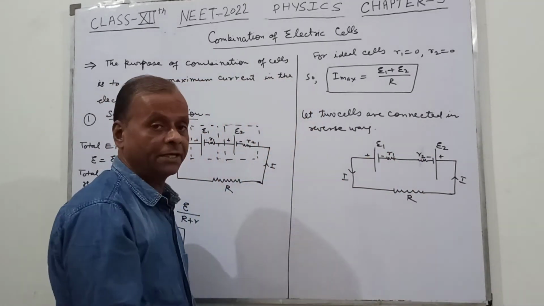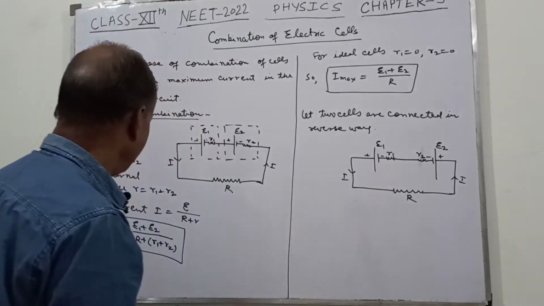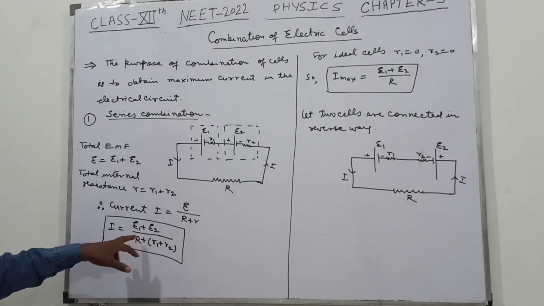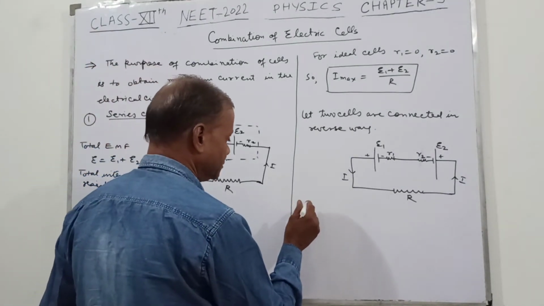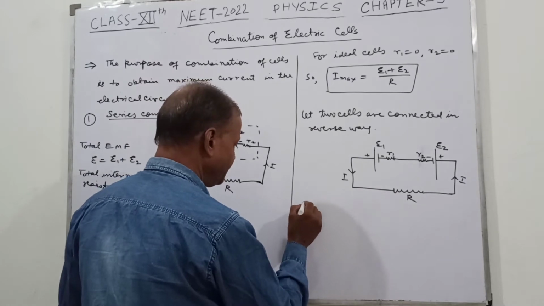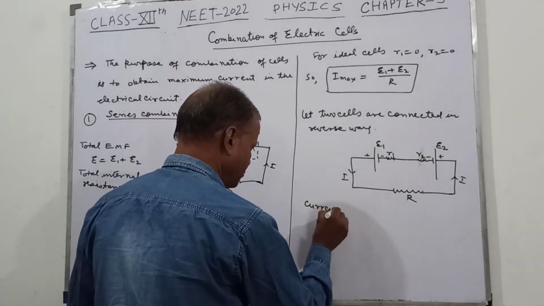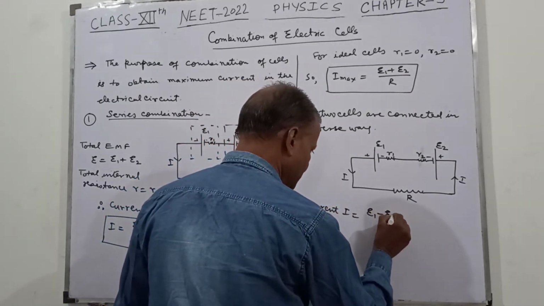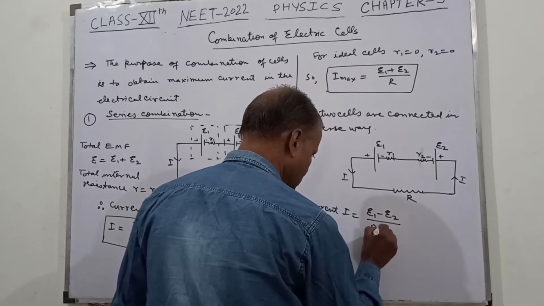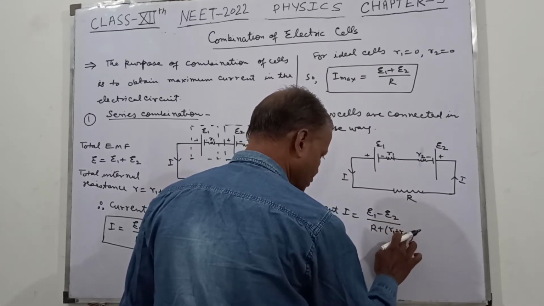Now the cells are in reverse order. So in reverse order what we have? Here we had taken E1 plus E2, here we will take E1 minus E2. So current I equal to E1 minus E2 upon R plus R1 plus R2.